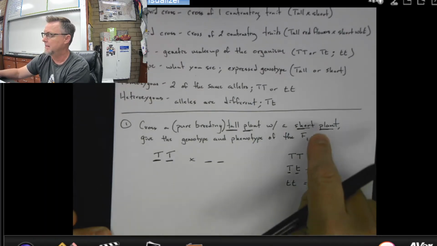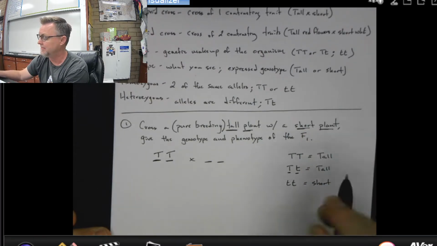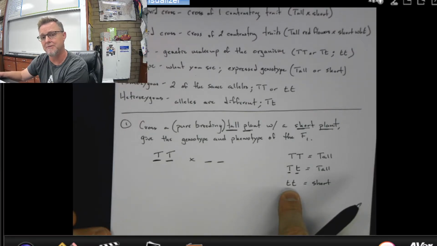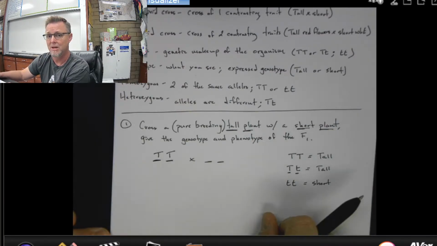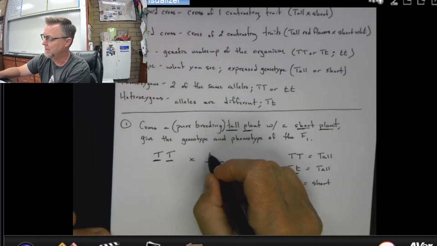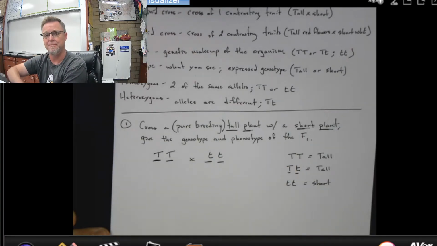All right? So just by saying short plant, I should know that that individual is homozygous, because that's the only way you can have that happen. I don't have to write homozygous short, and I don't have to write pure breeding short, because there's no other way to be short unless you have a homozygous condition. So there you go. Okay?